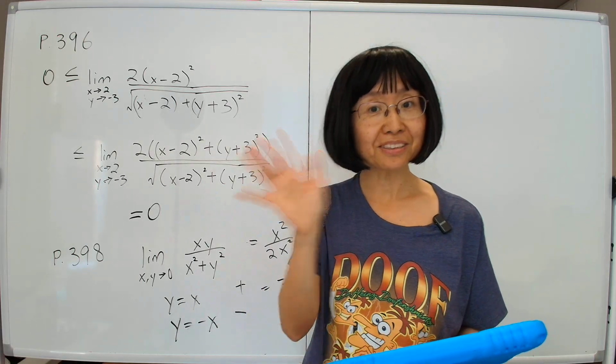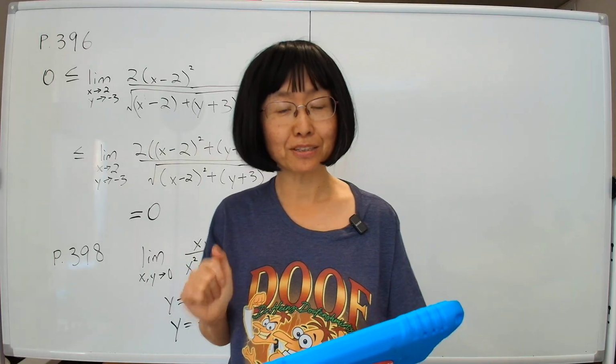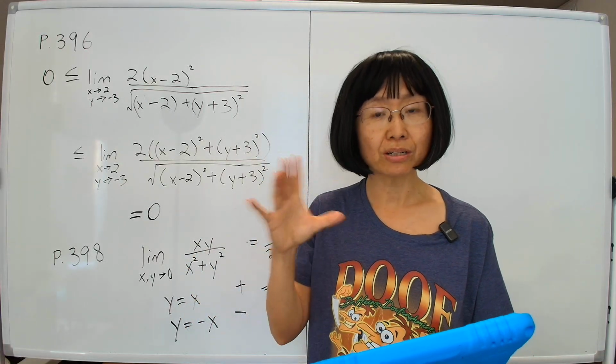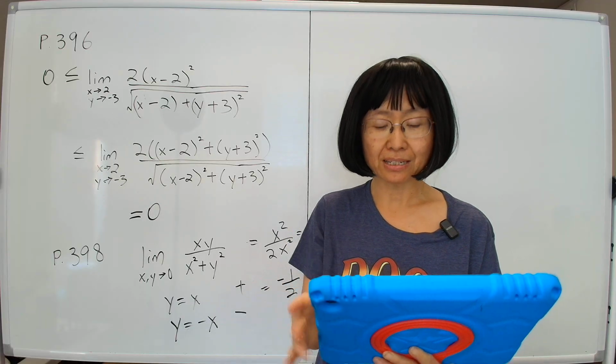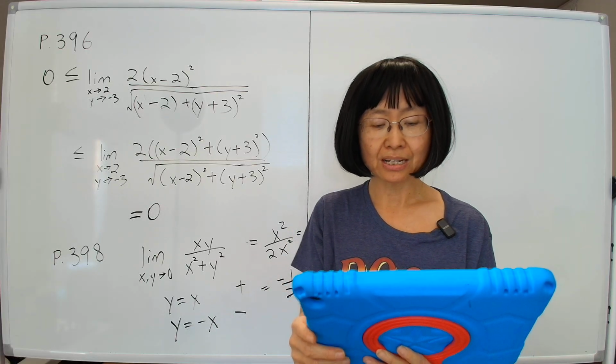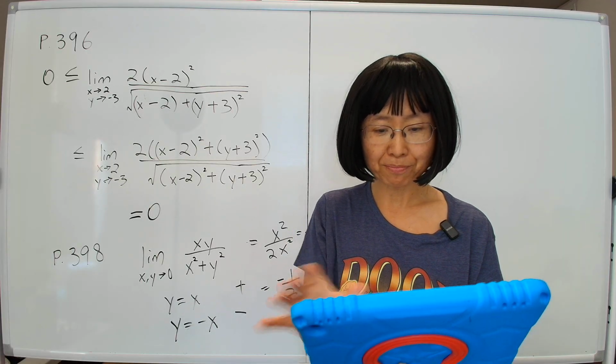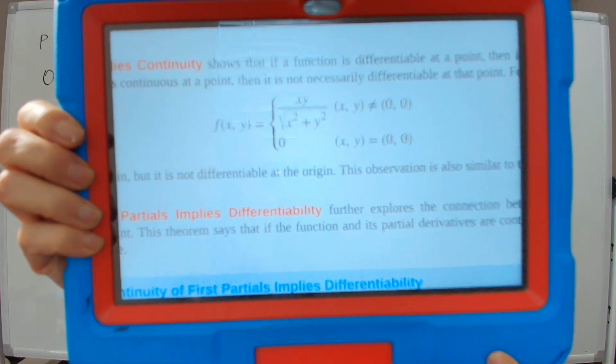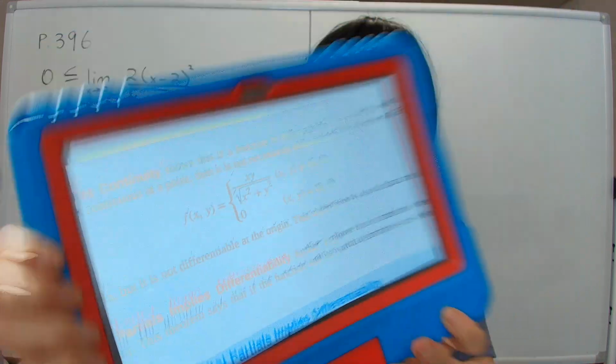Continuity under no other condition implies differentiability, because differentiability is a more stringent requirement, as the example we've been staring at shows. That function we've been looking at this whole time is continuous but not differentiable at the origin.